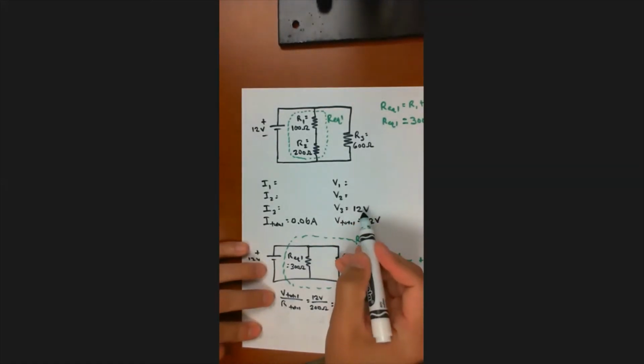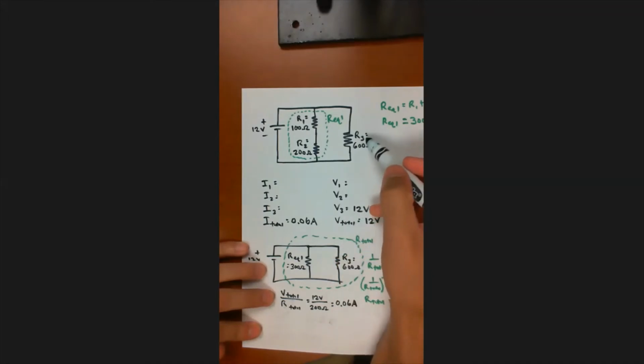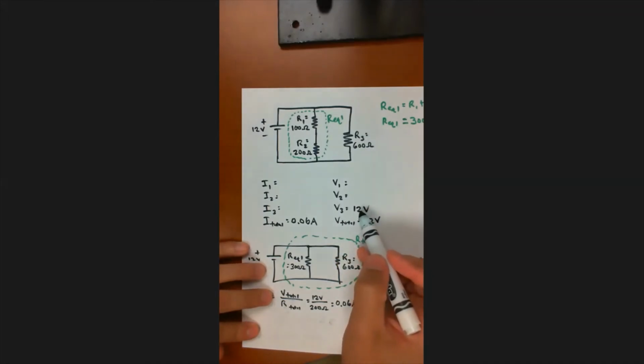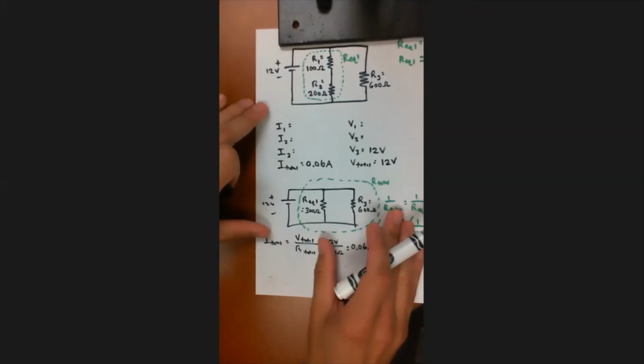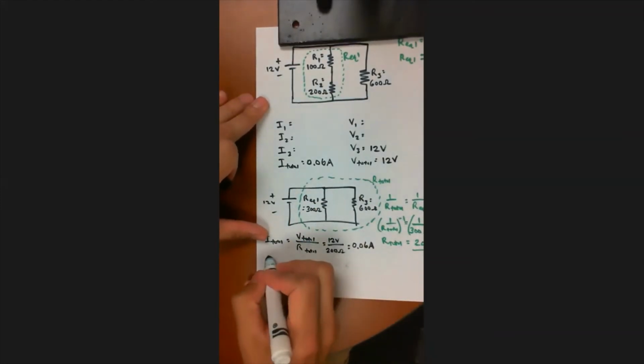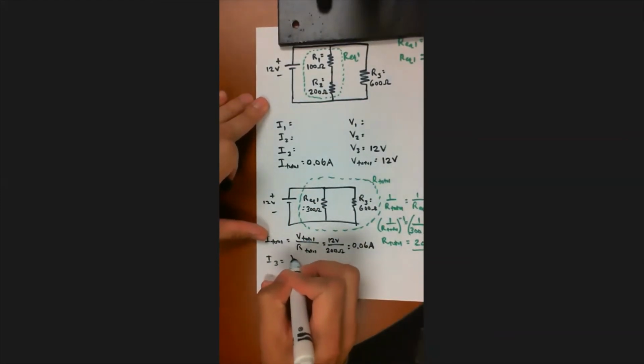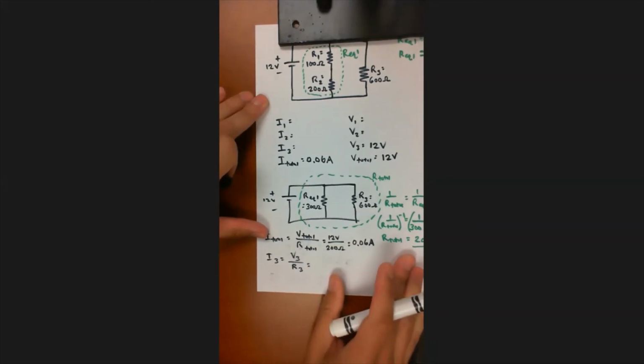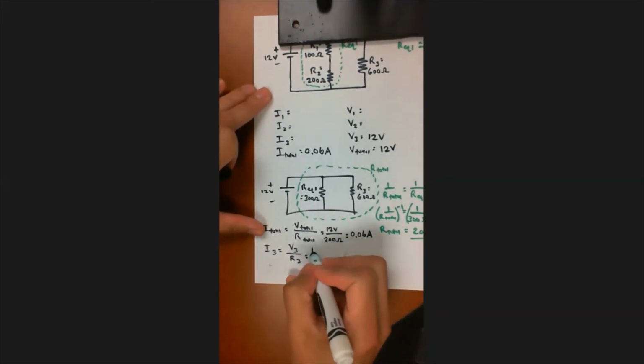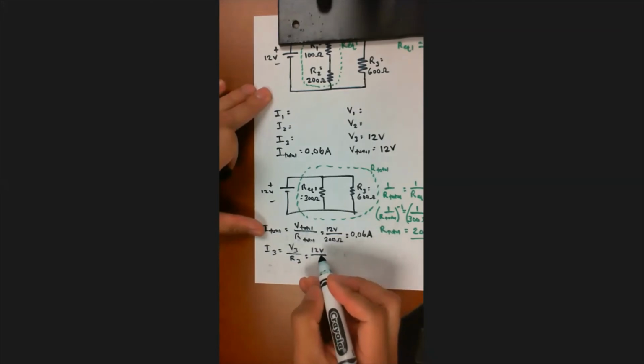And now I know R3, and I just wrote in V3, so I can go ahead and solve for I3. I3 equals V3 divided by R3 equals 12 volts divided by 600 ohms.